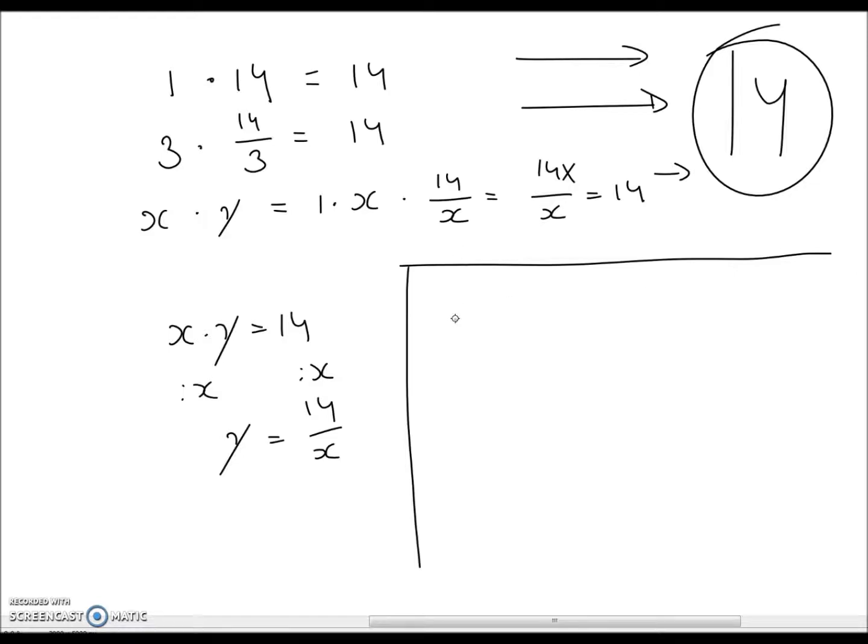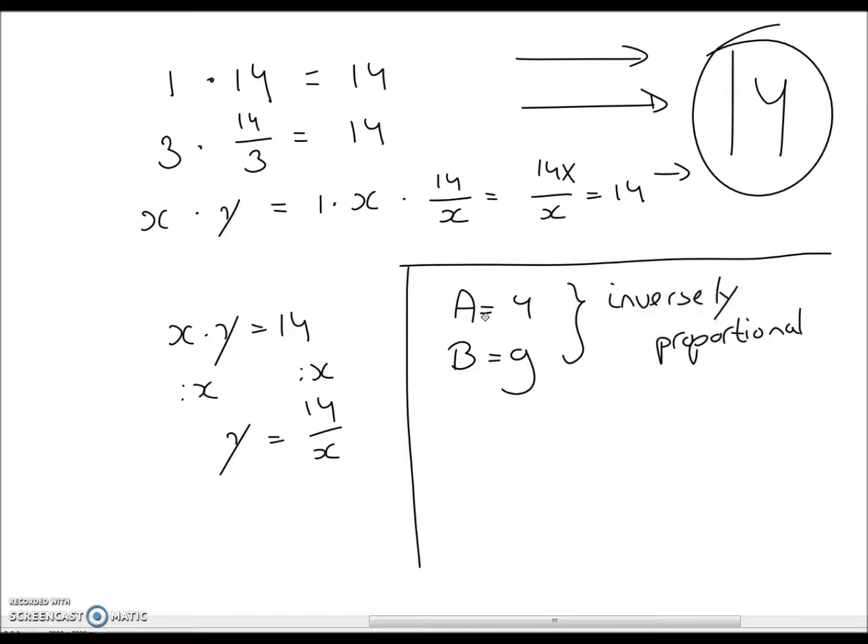Let's say it's given that for some a is 4, we have that b is equal to 9. And it is also given that these two values are inversely proportional. Seeing as that a and b are inversely proportional, we know that a times b is constant and should therefore be the same as 4 times 9, and that is 36.